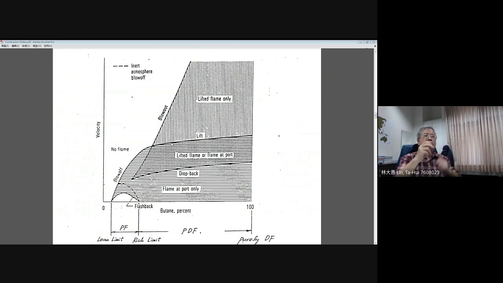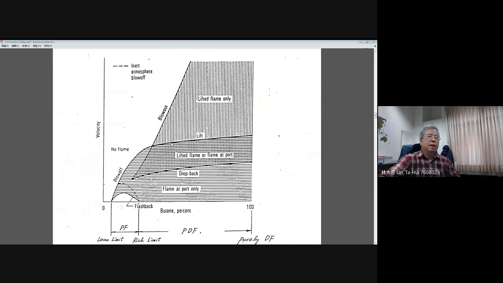But if you increase your flow velocity, then you will push your confluence to have a longer flame length. Okay, but finally, if the injection velocity is too much, then you will push your flame away from the stabilized point at the burner. Then we call this so-called blow off.